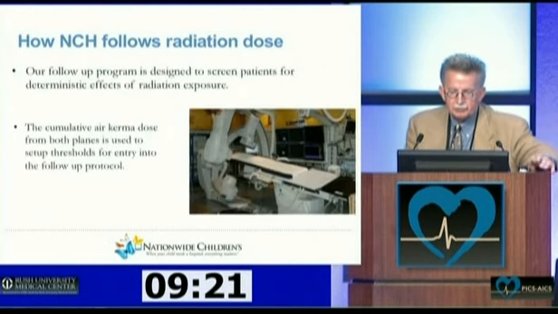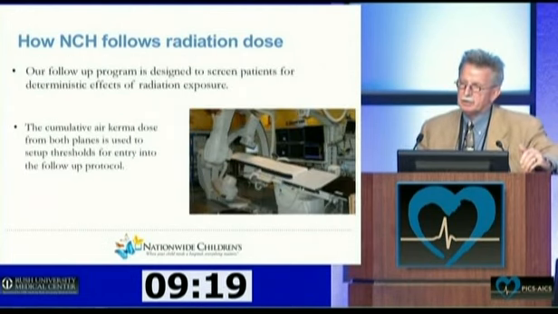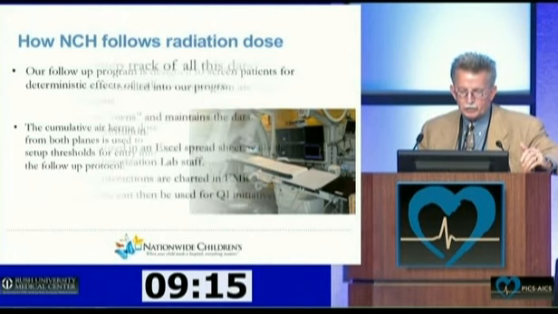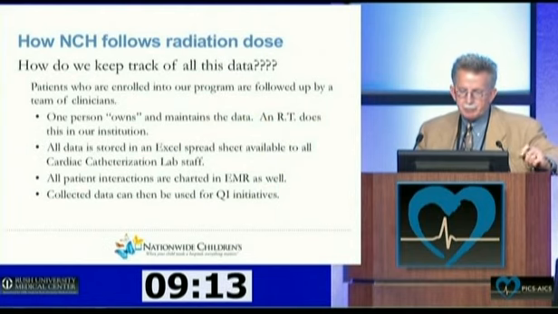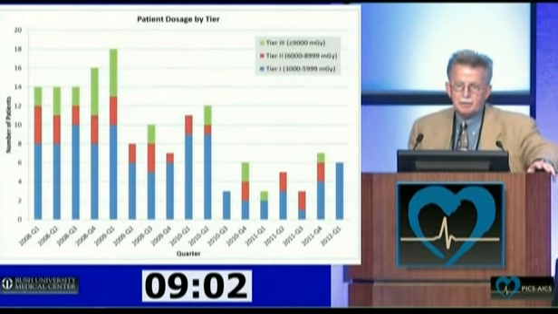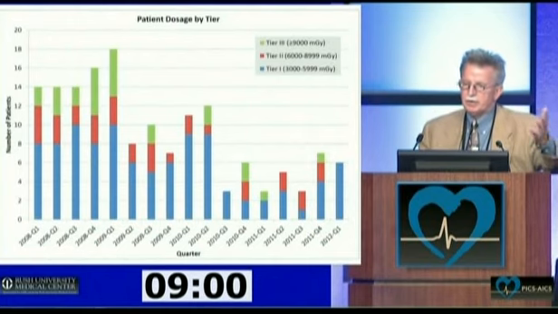So in our lab now, we put together a radiation protocol that we've developed over a long period of time. We have our team manage this data. It's updated all the time. And then we have follow-up protocols, patients called, et cetera, and it's based on the patient dose. We divide them into tier 1, 2, and 3.